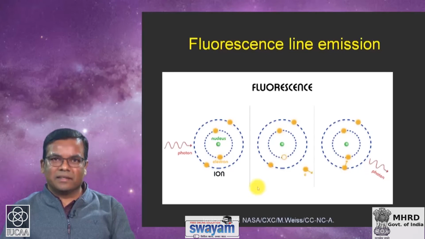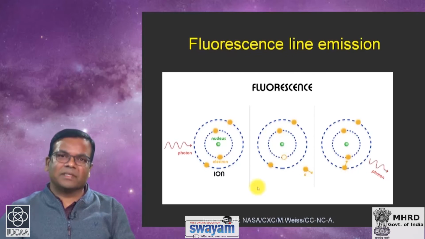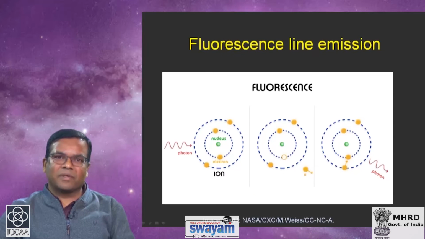In addition, there is line emission in the X-ray domain due to transitions in the inner atomic levels. One particular process which is very important in astrophysics is the fluorescence line emission. In this process, when a high energy photon interacts with an atom or an ion, it ejects an electron from the innermost shell, and therefore it creates a vacancy.